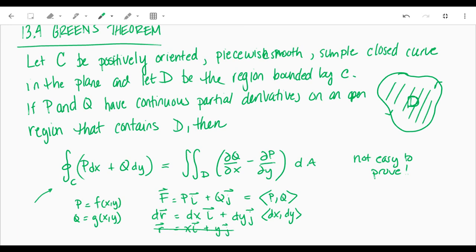So sometimes if we take those partial derivatives and do the double integral instead, we're going to have an easier time. It's really interesting that the line integral of this vector field along C is the same as this area integral over D.